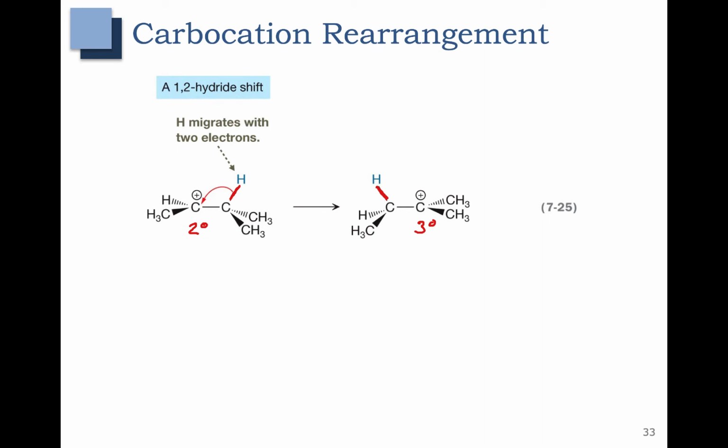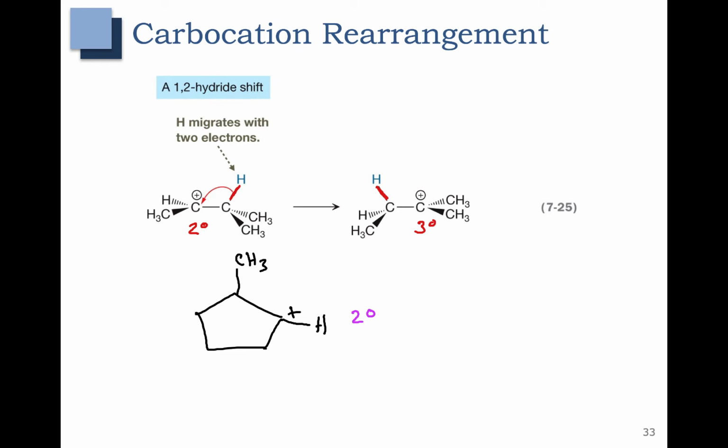Let's look at another example. In this example, we have a secondary carbocation, and if you recall, there's a hydrogen attached there. So that carbocation is secondary, and we want to see if it can shift to form a more stable carbocation. Well, where are the hydrogens that can shift?